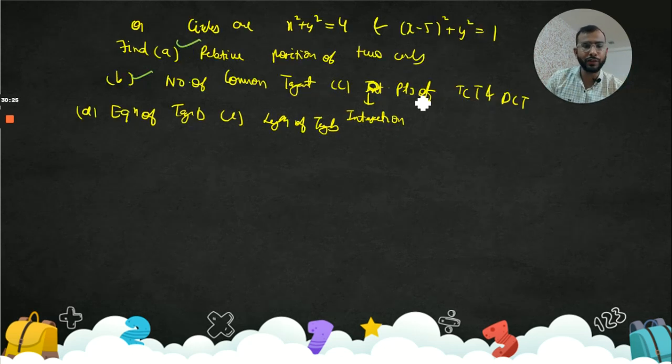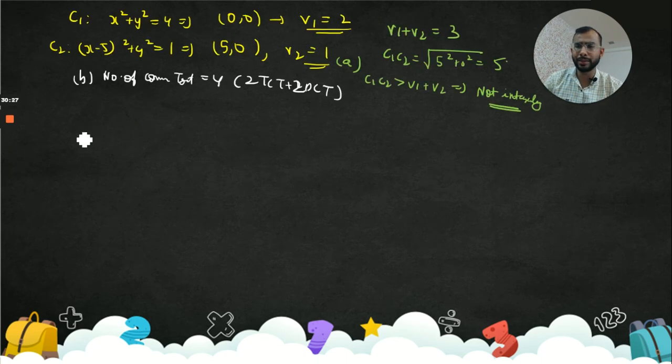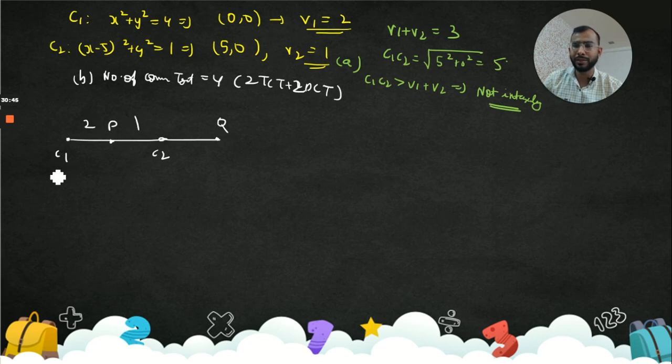Now point of intersection of TCT and DCT. तो आसानी से करते हैं. This is C1, this is C2. In between I will have P and I will have Q. So directly, first I will find out P. P is the internal divider. R1 is 1, this is 2, so I will apply 2:1. C1 is 0, 0, this is 5, 0.